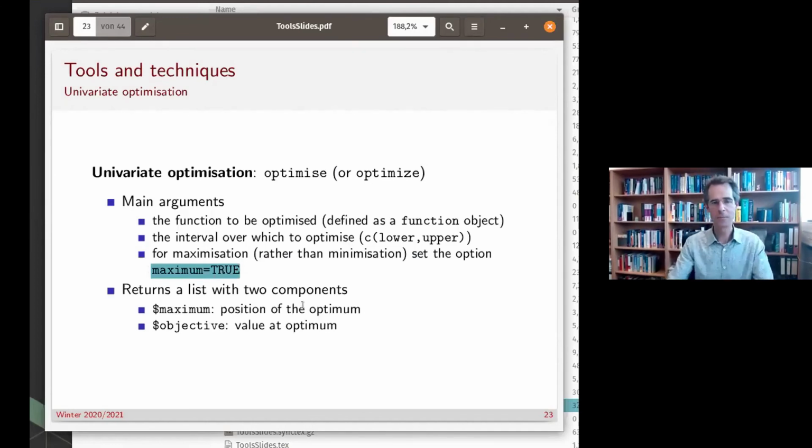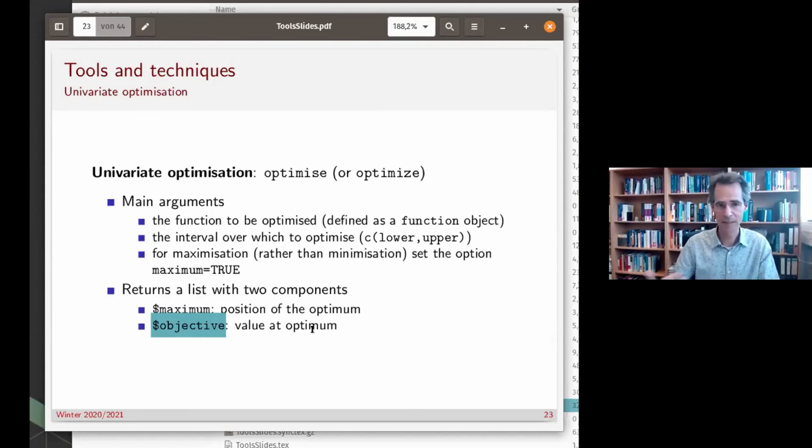Then this command optimizes the function and returns a list with two main components. The first component is the position of the optimum, so the optimal control. And the second component of this return object is objective, and that's the value at the optimum.